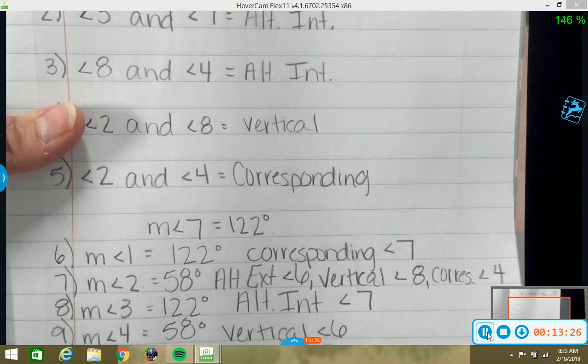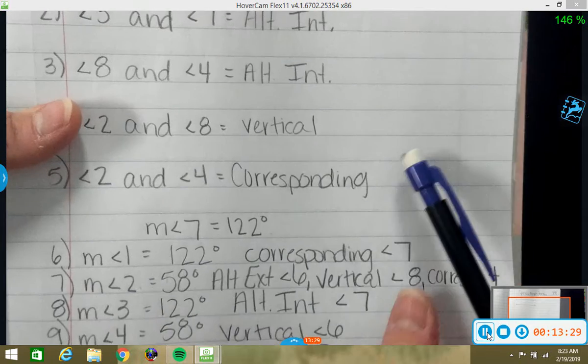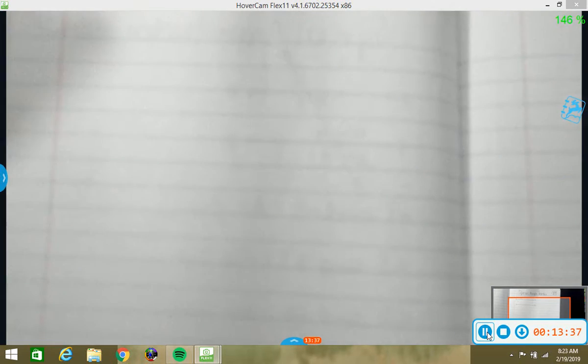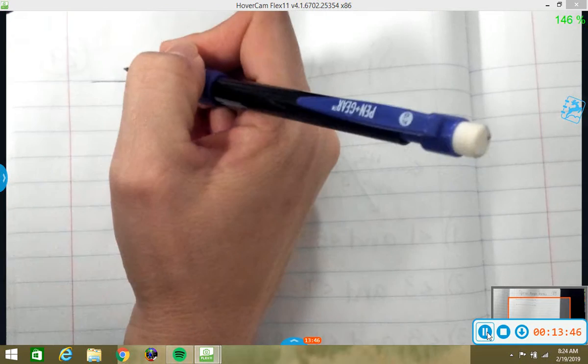Alright. Let's look at another one. It's another way that you'll see this. So I'm going to draw my parallel lines a different way this time. I'm going to draw my parallel lines going this way.